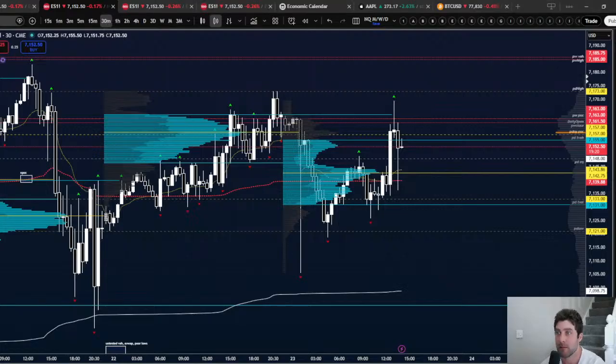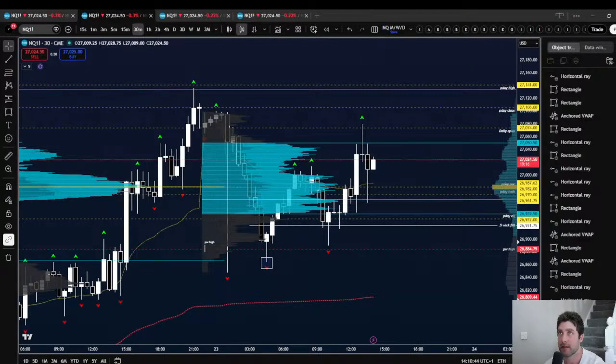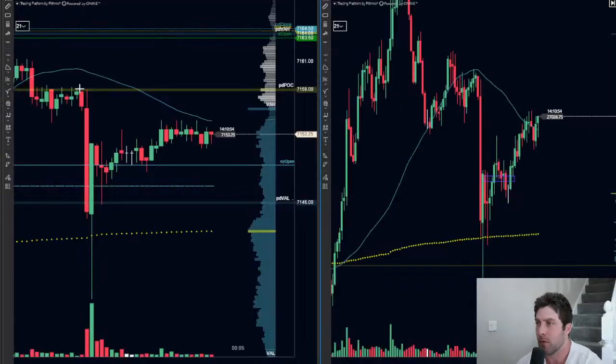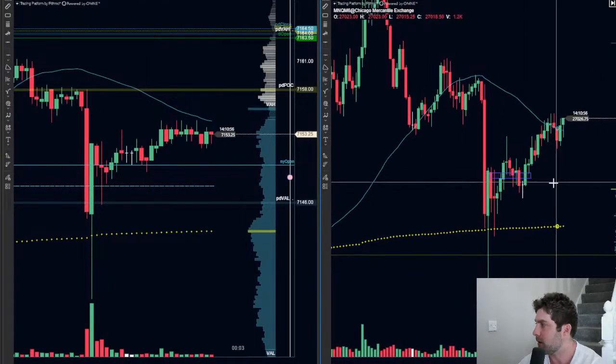So I've got different screens here. NQ, ES, that should change. I've got NQ 5 minute, and then I've got my 1 minute for each as well.